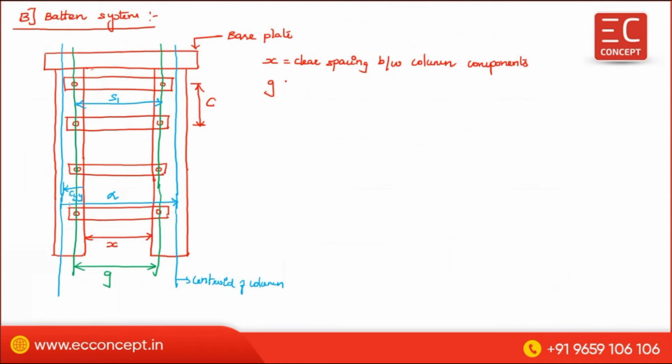Second one is G. G is equal to gauge distance where bolt line is provided. Okay. G is the gauge distance where the bolt line is provided. So this is the first bolt line. In between, the center to center distance between the first bolt lines.